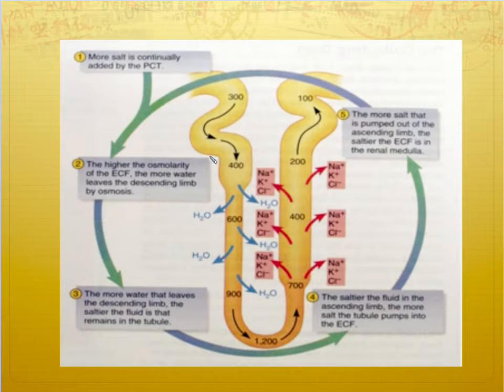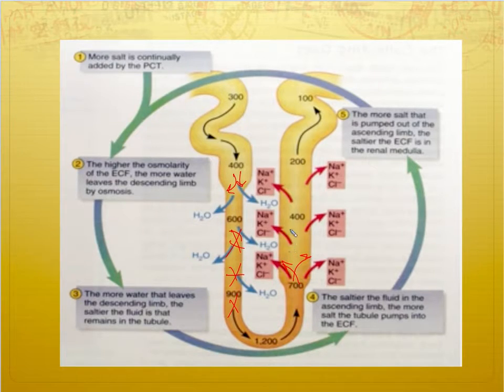Okay, so here's a diagram showing you how things flow. Because water is removed from this filtrate here, water is pulled out. That makes the salt pressure in here much higher. And because the salt content here is higher, when it turns the corner and goes back up, it's going to pull those salts out.